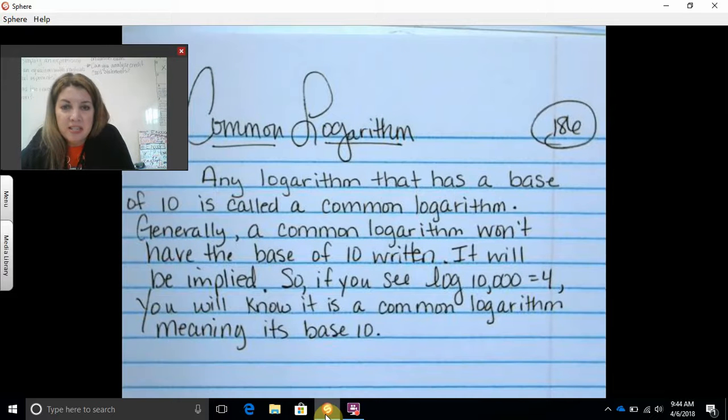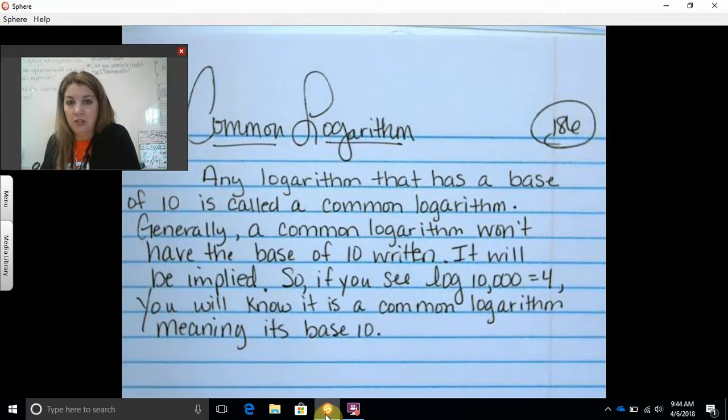So the number 10,000, how many zeros does it have? 4. And isn't 10 to the 4th 10,000? How many zeros does 100,000 have? 5. And what's 10 raised to the 5th power? 100,000, right? So it's kind of easy that way. If you notice the pattern, the number of zeros and the exponent are the same.